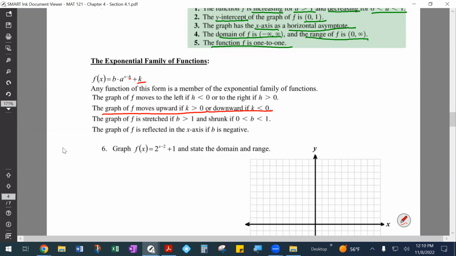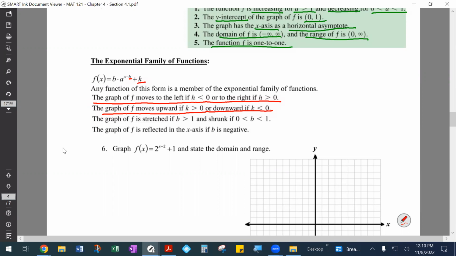The H is for your horizontal movement. So again, remember by default, the equation is giving you X minus H. So if you see X minus 3, that means 3 itself is a positive number. So if it's positive, your graph will be moving to the right. If it's negative, the graph will be moving to the left. So for it to be negative, this would have to be like X plus 3. So remember, with the horizontal, you go with the opposite sign.